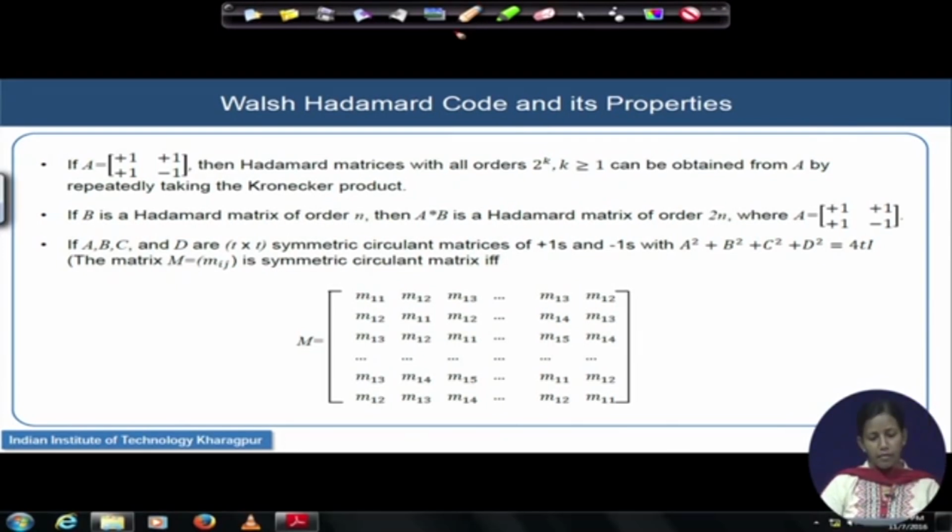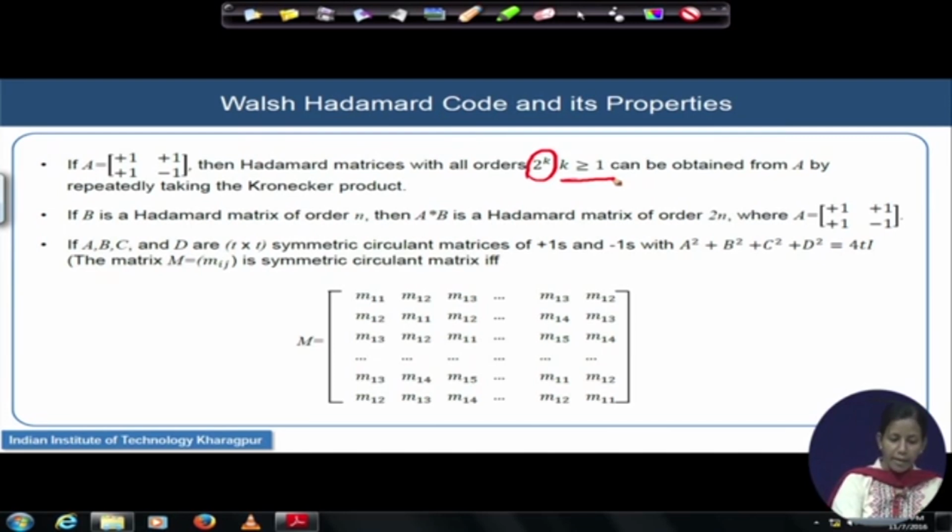Suppose A is given by this matrix, +1 +1, +1 -1. It is a Hadamard matrix, and Hadamard matrices of all orders 2 to the power k, where k is greater than or equal to 1, can be obtained from A by repeatedly taking the Kronecker product.